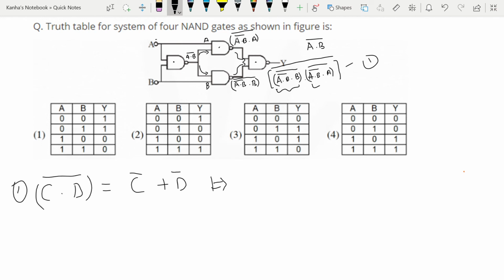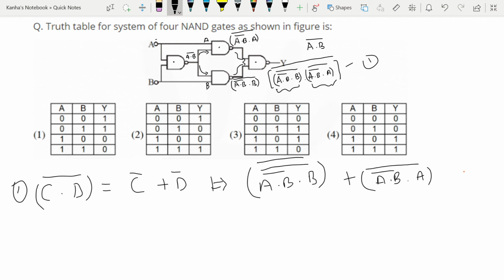This will become C, this will become D. So I can write ((A dot B bar) dot B) whole bar, with a bar over it, plus ((A dot B bar) dot A) whole bar, with a bar over the entire thing, using this property applied to this. So the RHS becomes this. Now as I said before, A double bar is equal to A. When you take the NOT of a NOT, you get back the same thing.